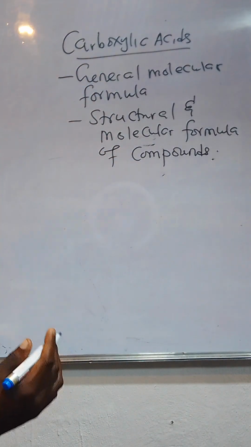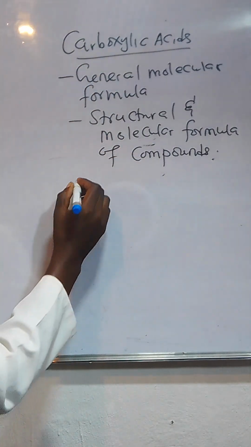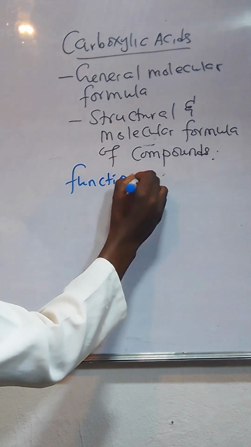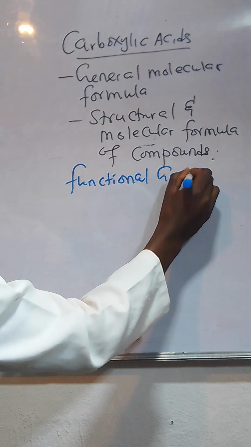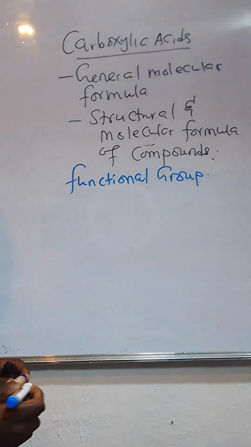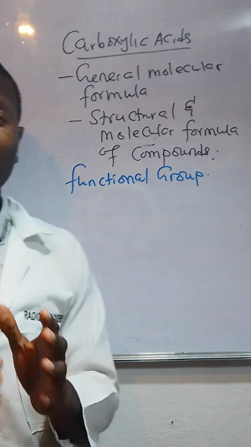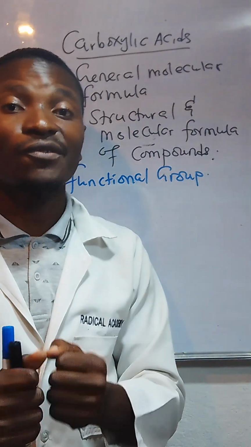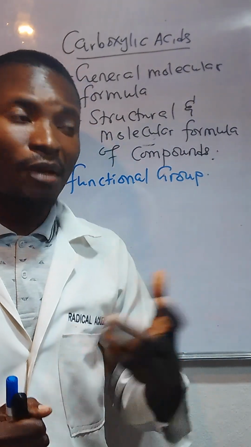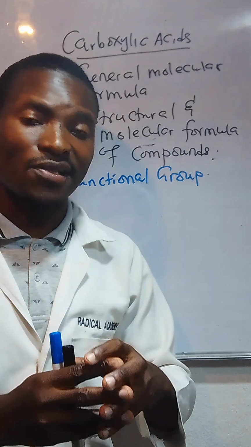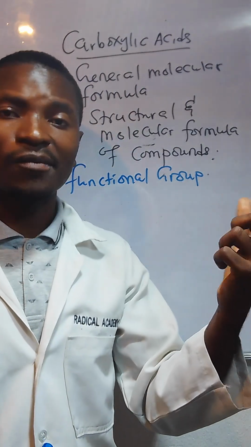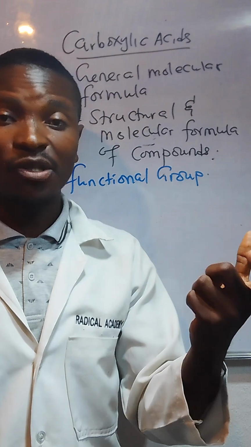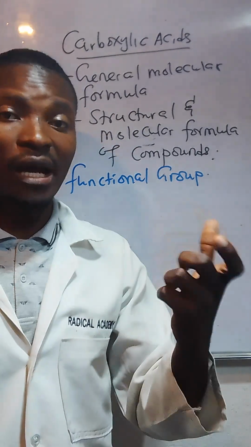So the first principle that we have to understand is the functional group. Understanding the functional group of the carboxylic acid is very important, because this will help us to understand the combination of the atoms within the molecule of that functional group.